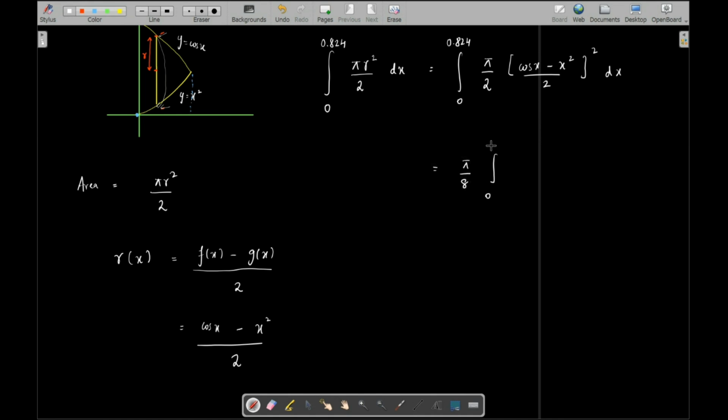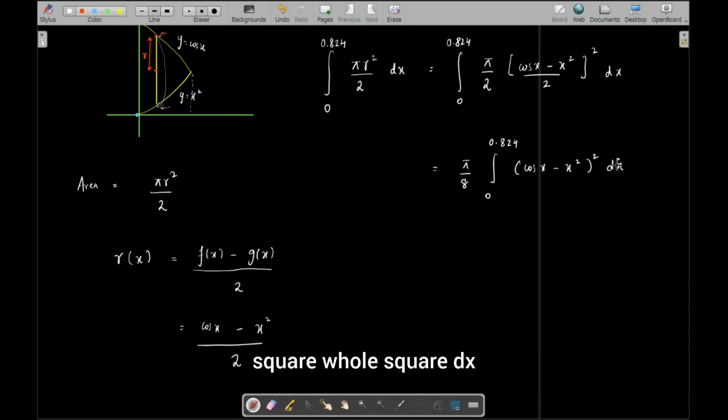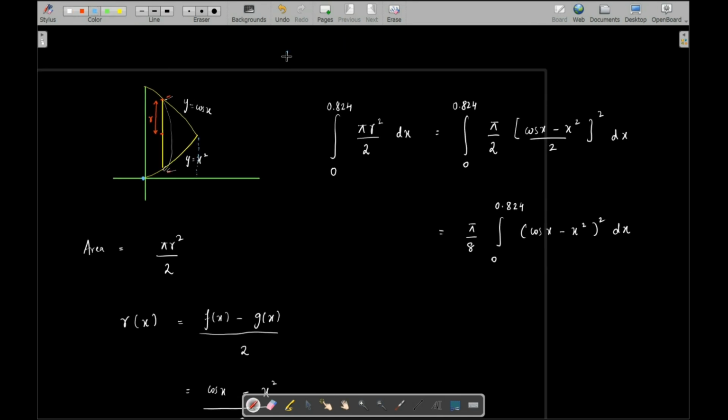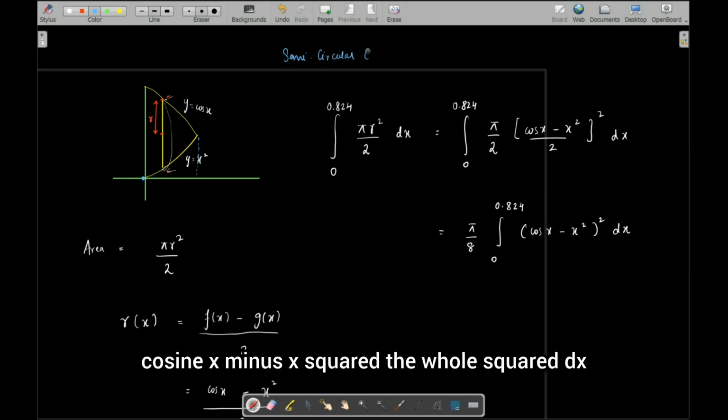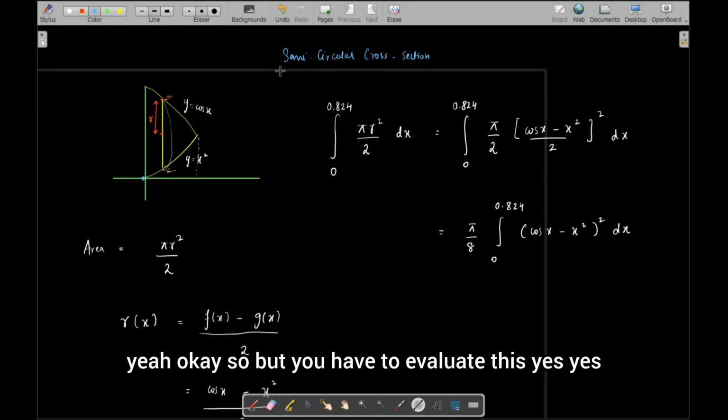So pi over 8 times the integral from 0 to 0.824 of cosine x minus x squared, whole squared, dx. That's it? Yeah. Okay.